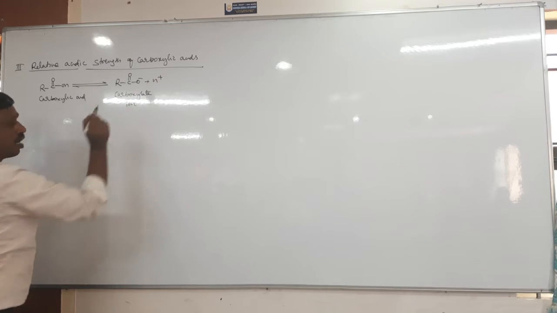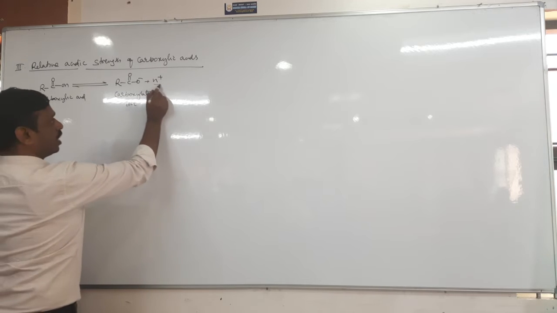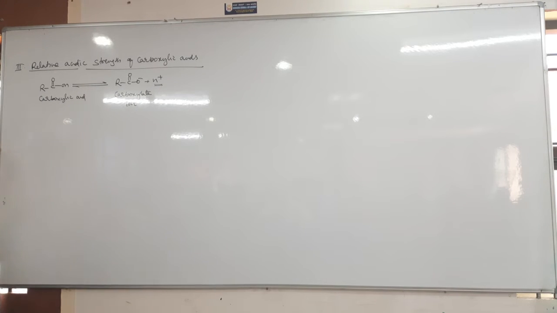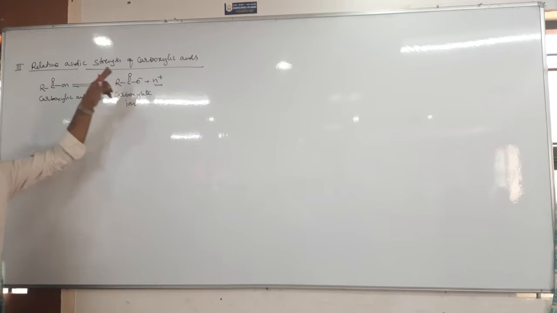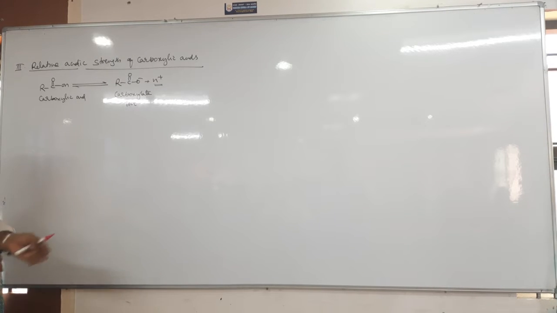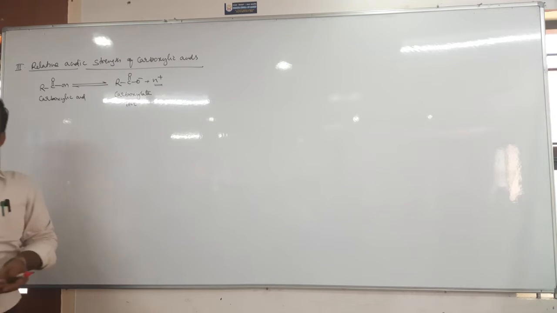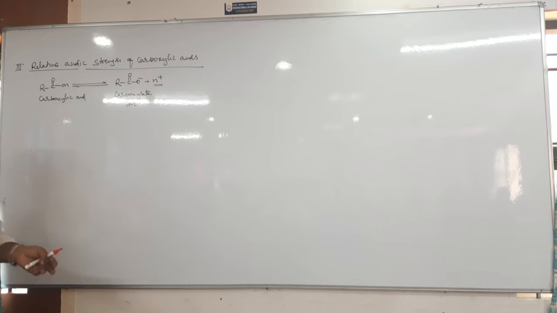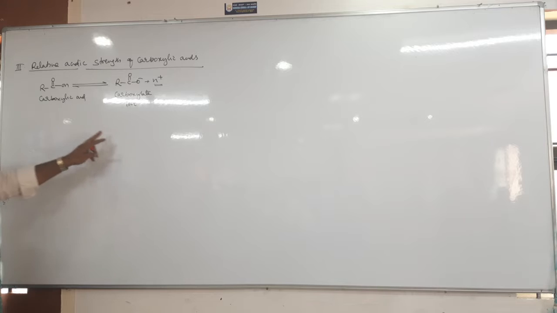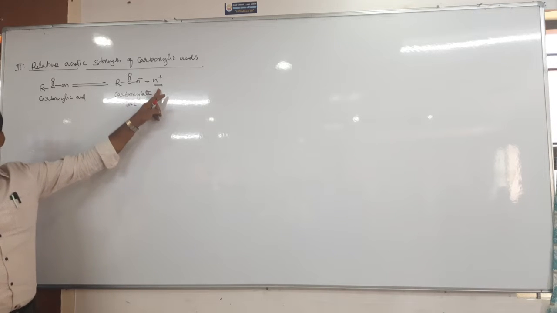It is called carboxylate ion, and H plus ion is called proton. So now tell me, carboxylic acids are acidic in nature because they produce proton, right? Then now we want to know the relative acidic strength, whether carboxylic acids are more acidic or less acidic. So acidic strength of carboxylic acid is directly proportional to H plus ion concentration.